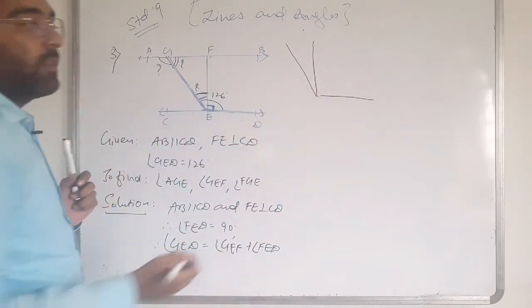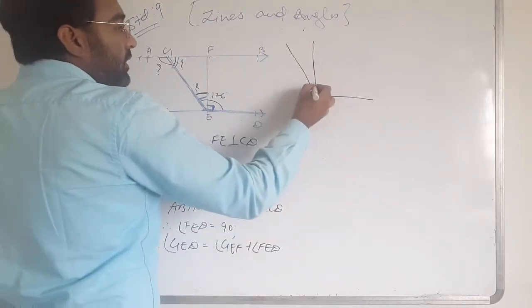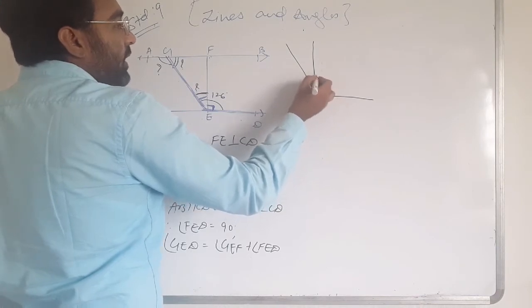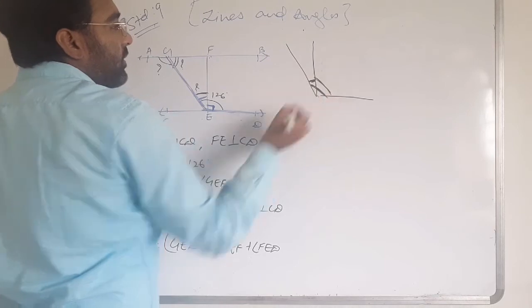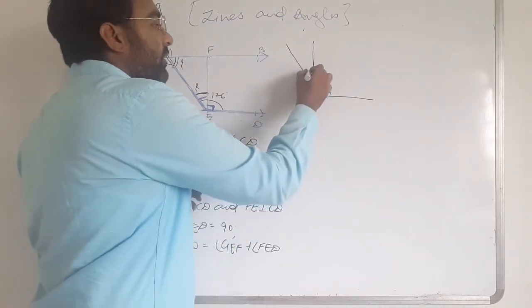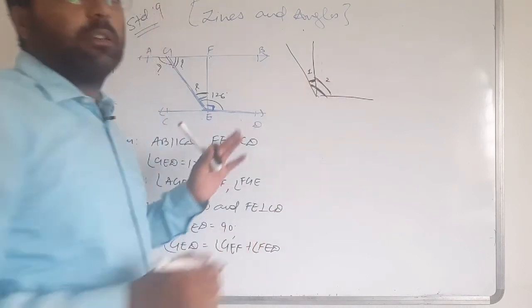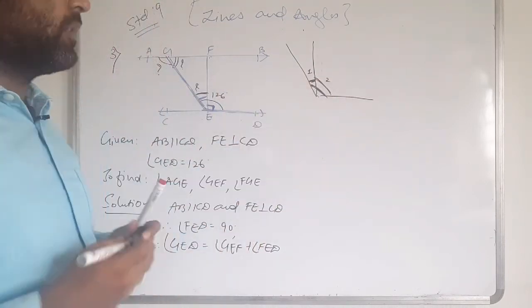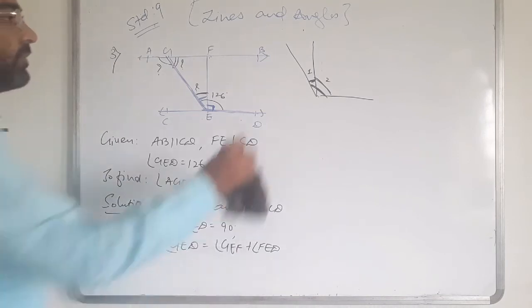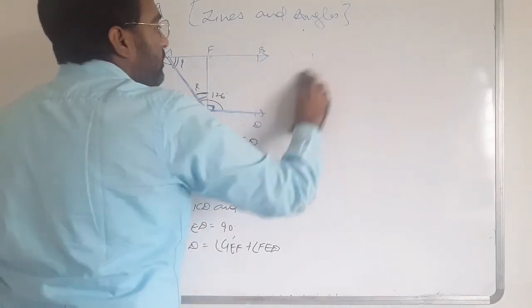The whole angle is divided into two parts, one is this part and the second one is this part. Clear? Now we have to move to the calculation part.